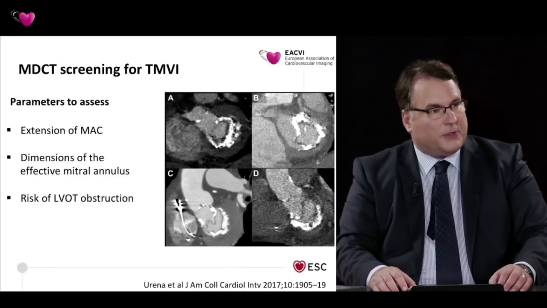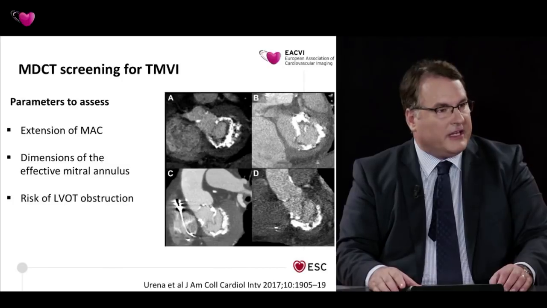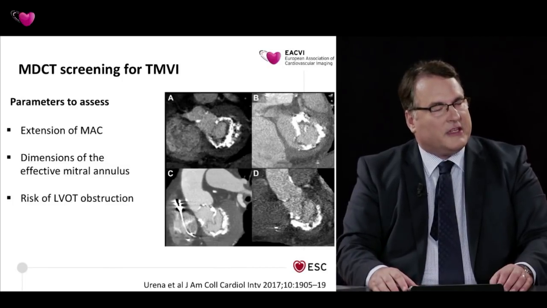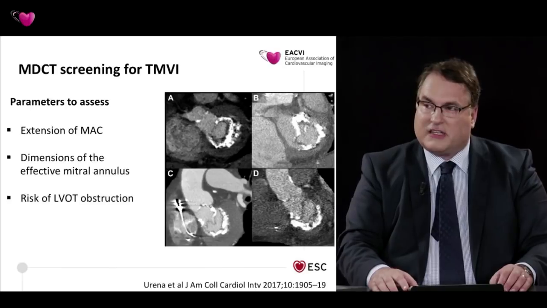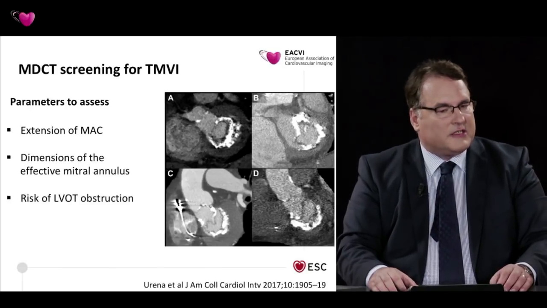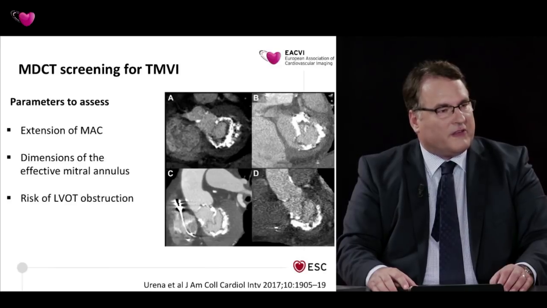So tell us a little bit how we can prevent it, because this behaves like an incomplete ring. So we have the problem that the anterior side is less well protected, and we don't use a specific mitral valve design, because there is not yet any CE marked transcatheter mitral valve replacement.